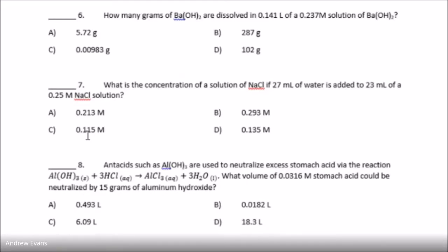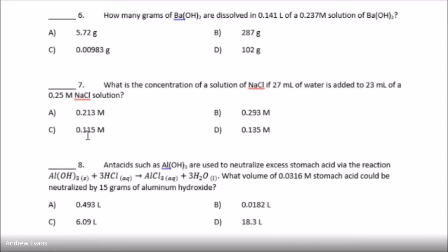So this one is a little bit trickier because it's not straightforward. You have to think about what's being done.